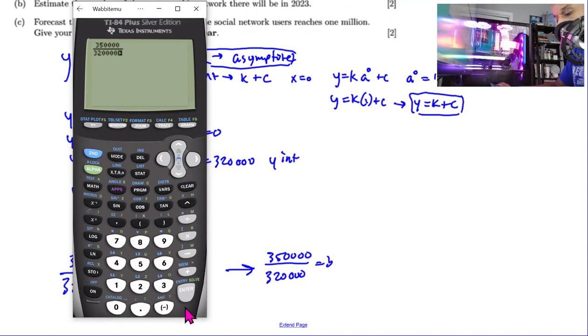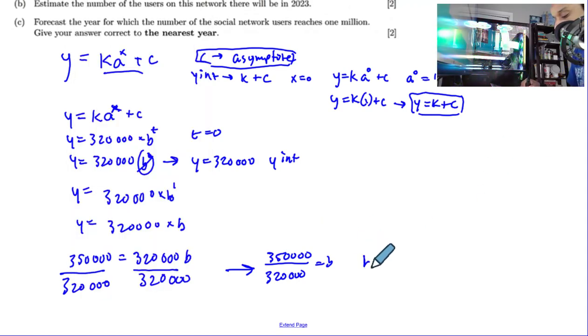And look at that. But I don't like my answer looking like a fraction. That scares me. Oh, math. Decimal. I'll press number 2. Boom. There we go. So B equals 1.09375. Yay.